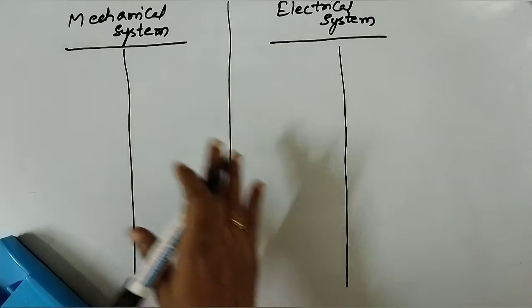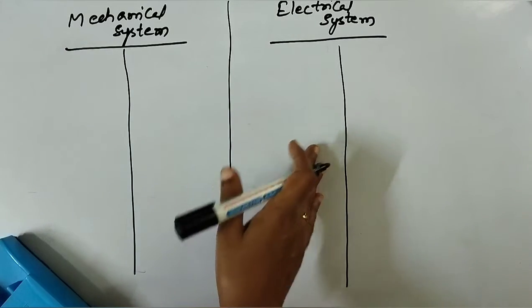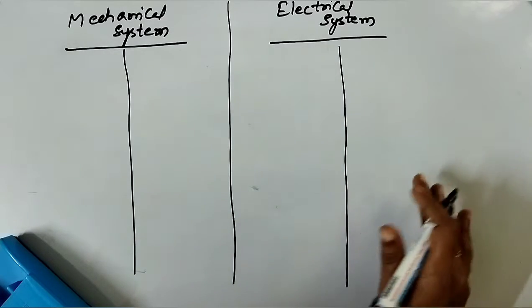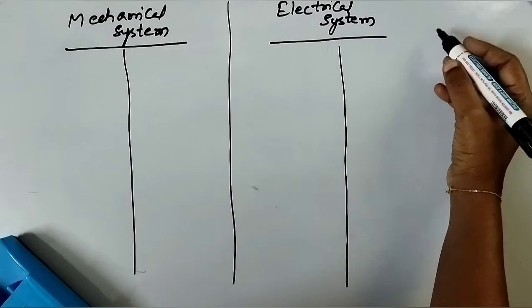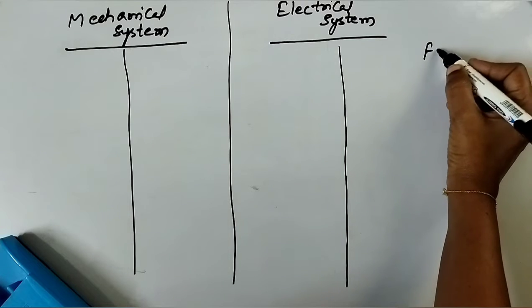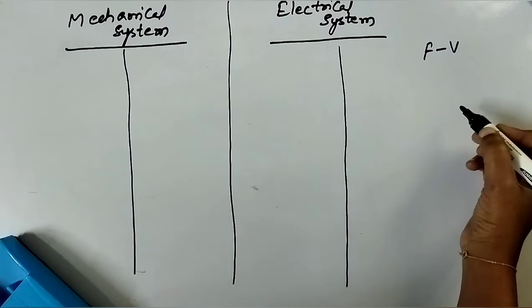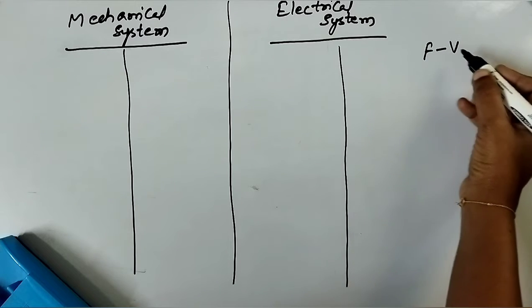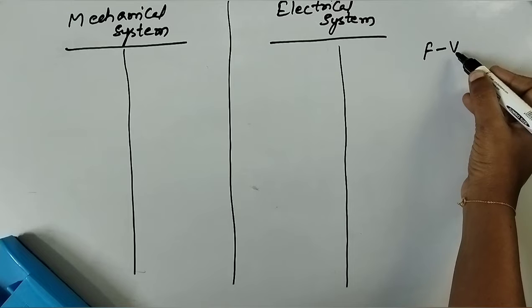Now we'll see what the equivalent parameters are when you're talking about two systems. You have different conversions. The force voltage analogy: the input is force in the mechanical system and voltage in the electrical system.